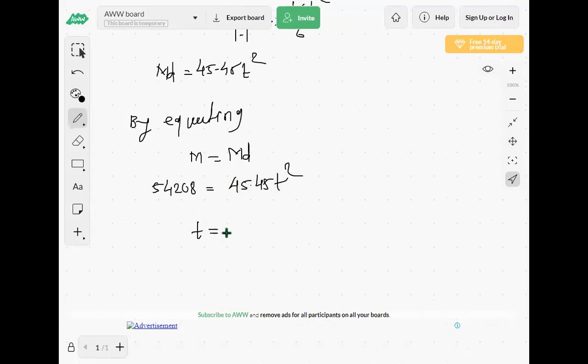So calculate thickness T. What is thickness?